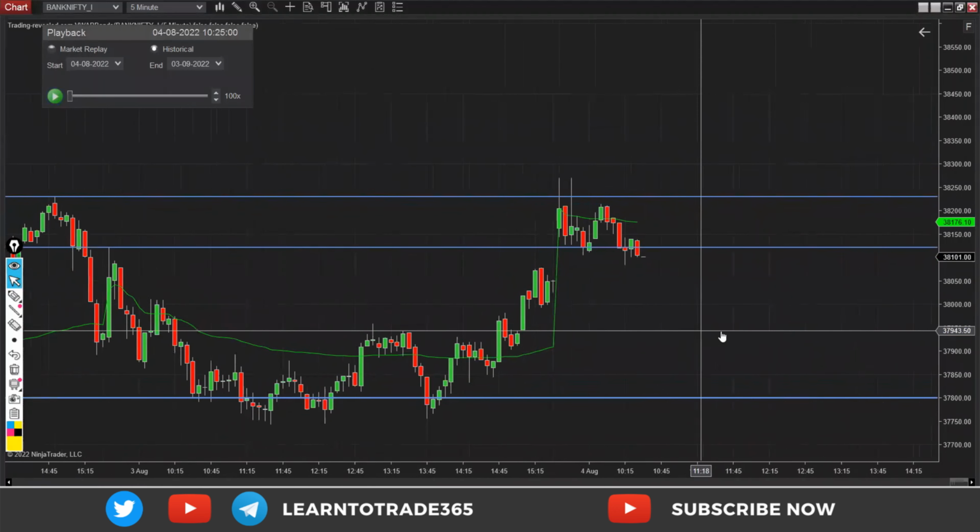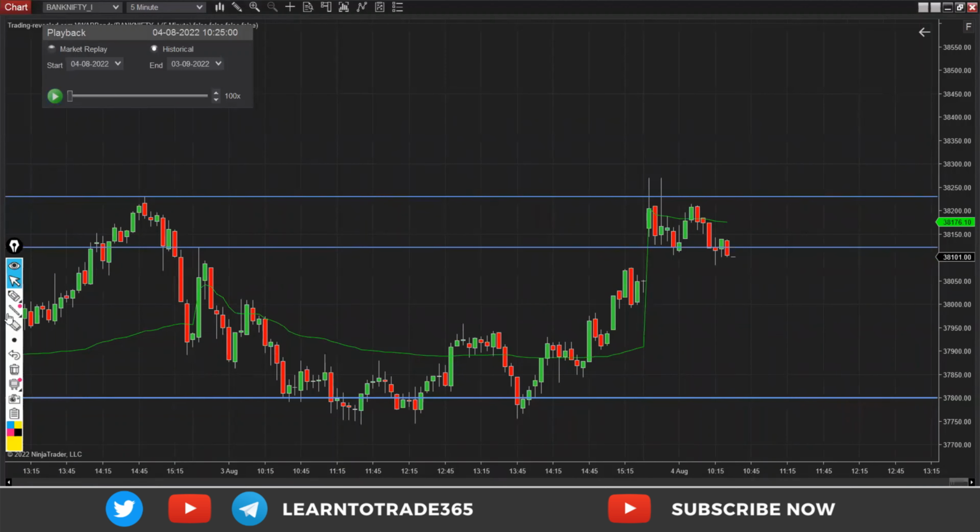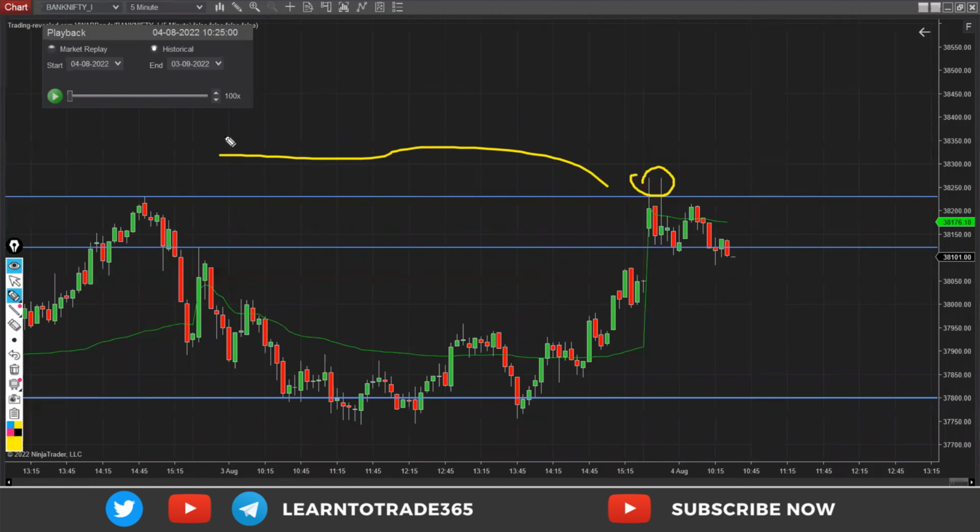Are we getting any clue from the chart? Yes or no? We'll understand right now. First of all, at higher levels price is getting a rejection, and with further highs above this level, we know there is a sellers' aggressive interest zone, which we checked just a few minutes back on the 30-minute time frame chart.